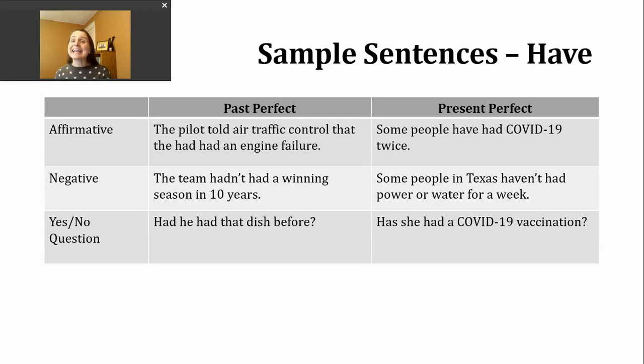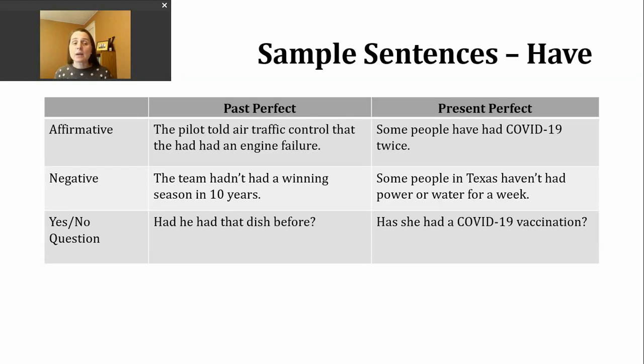Now, if I want to make a negative past perfect sentence, I'm going to insert not after the first had. And it might be easier to use the contraction form. The team hadn't had a winning season in 10 years.